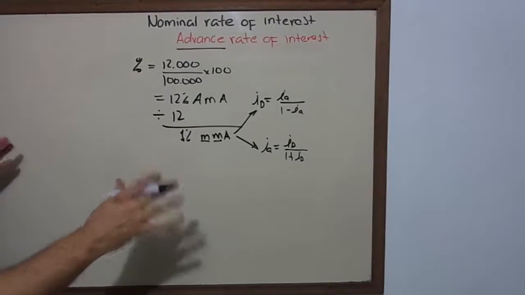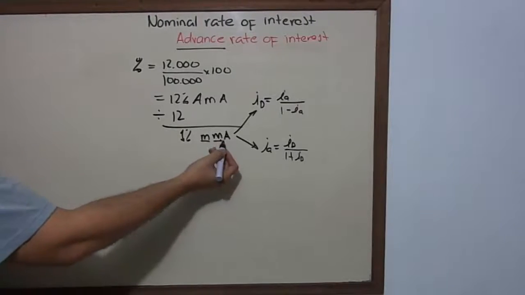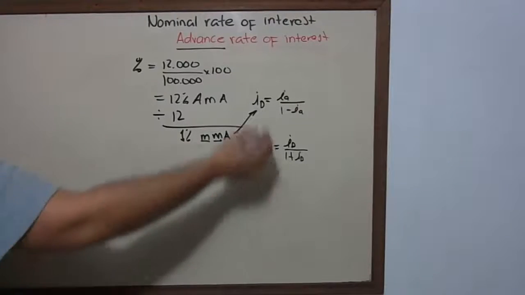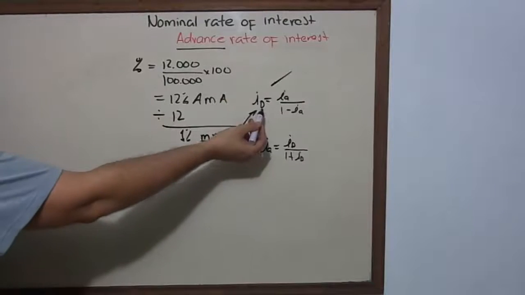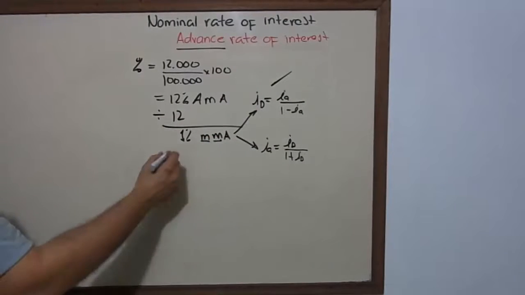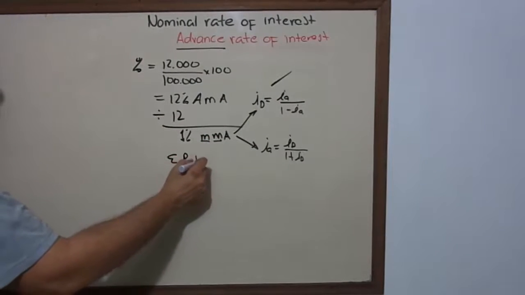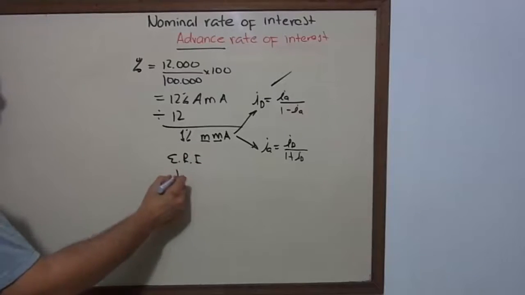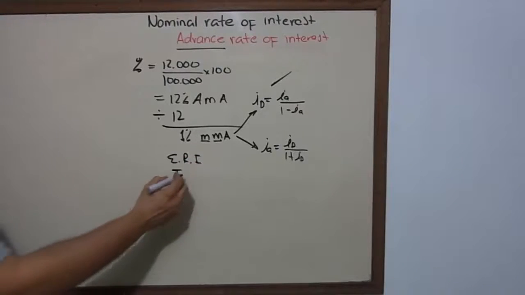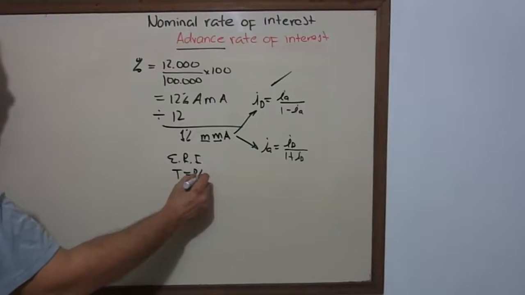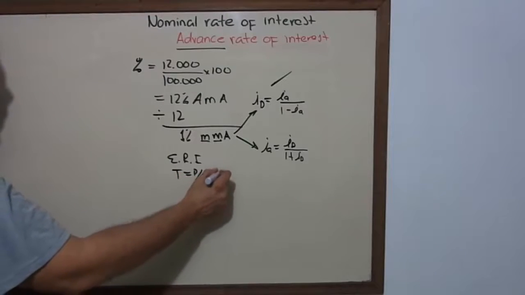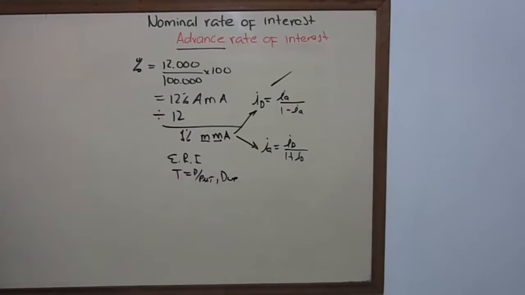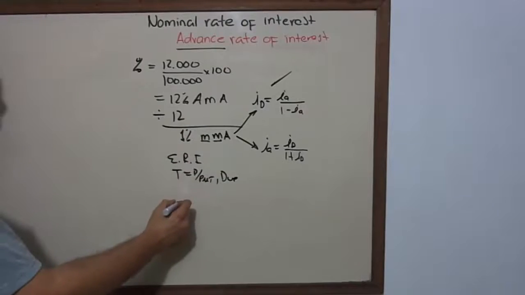But this is not the problem now. Now we need to turn this into an effective rate of interest, so we need to use this one because we need it to be due. Effective rates of interest are those in which the time equals the period of payment and the time is due. So for this, we do this.